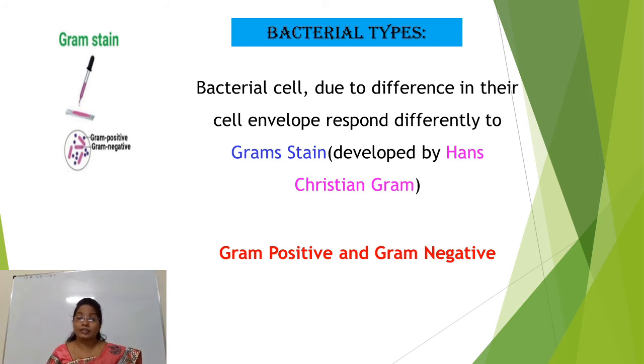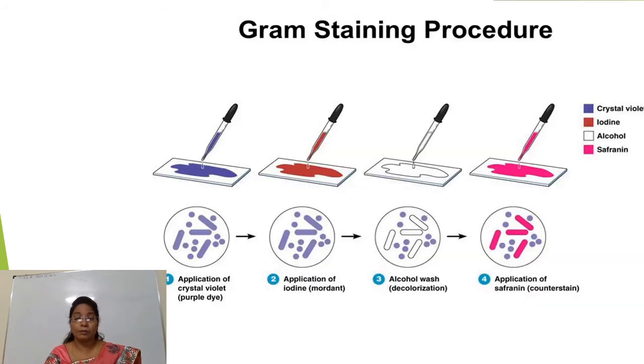Let's study the procedure of gram staining. In this staining procedure there are 2 stains. One is crystal violet and the second is safranin. These are used for staining purposes. Another medium used is iodine.